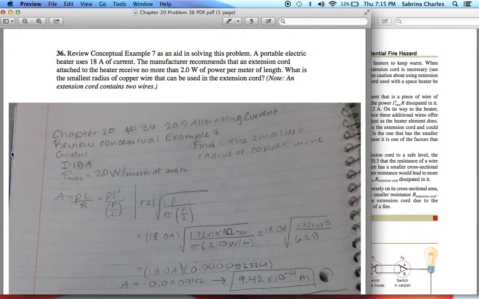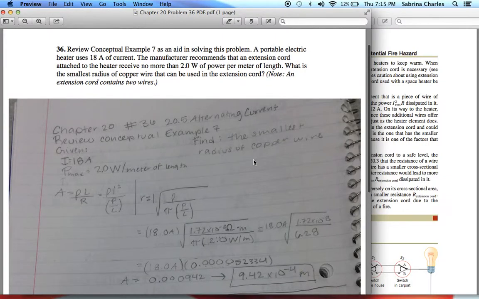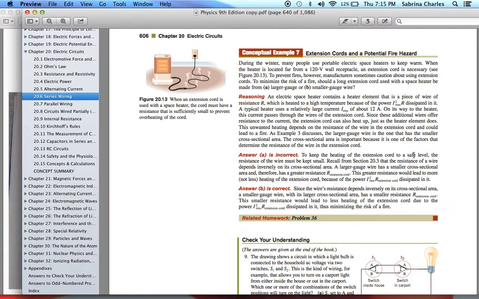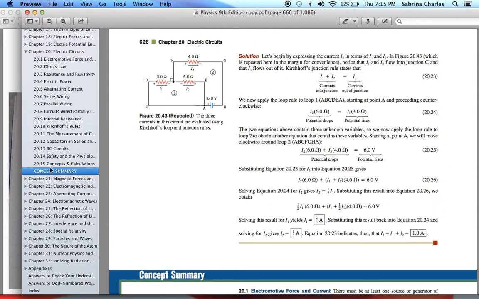So we're given our current, and then we also have our P max. They want us to find the smallest radius of the copper wire. This problem derives from section 5, alternating current.